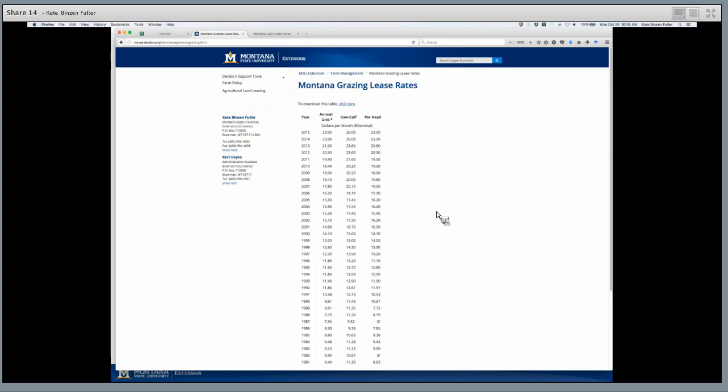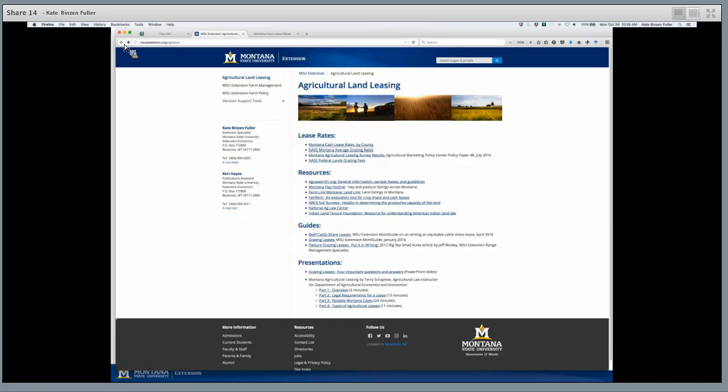These again are from NASS, and I don't think that they'll put the 2016 rate out until sometime in the spring. But you can see that for the state, we're at about $23 per AU or per head, and $26 for cow-calf pair. All right, I think that's all I'm going to talk about on that page for now.